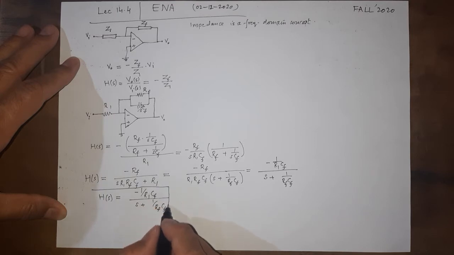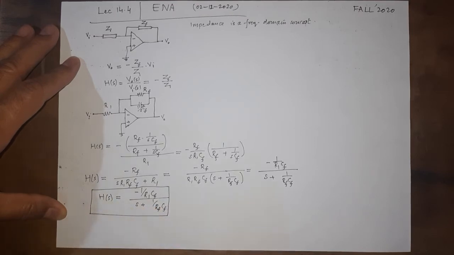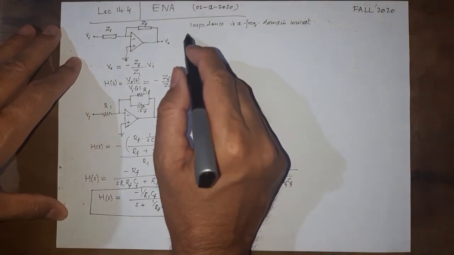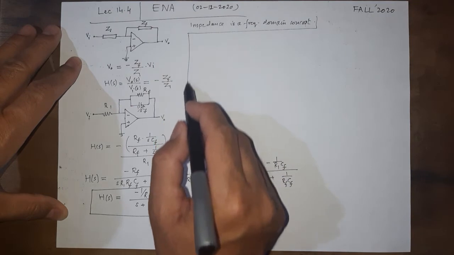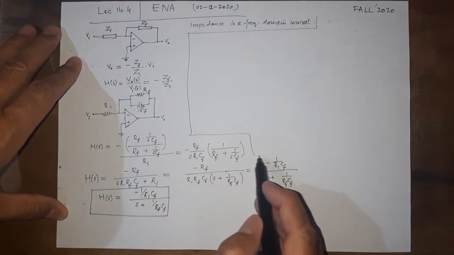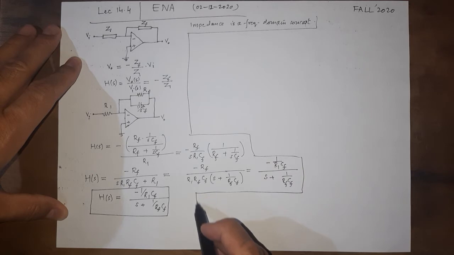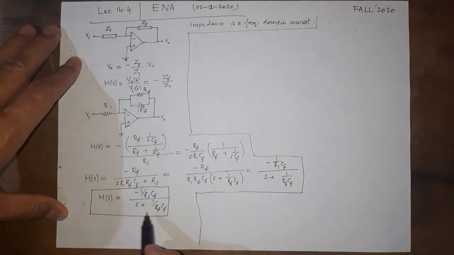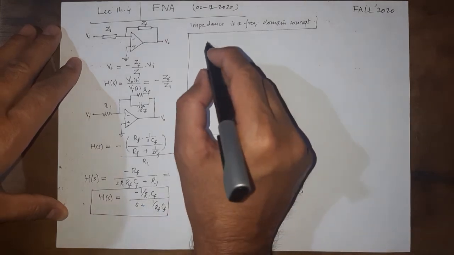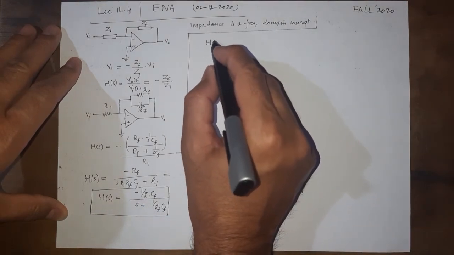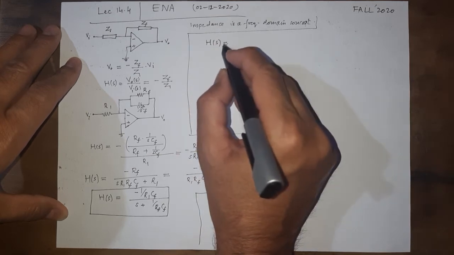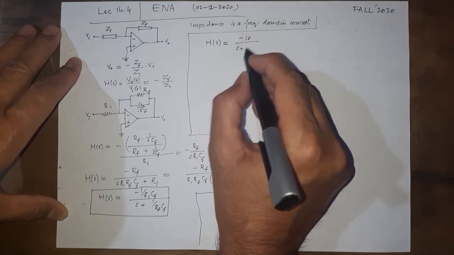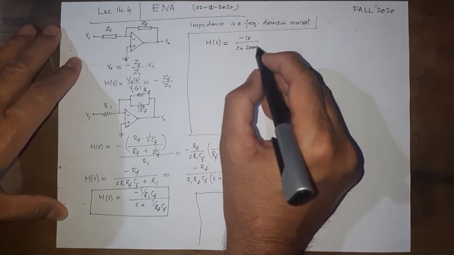Before I name that topic, let me first give a few examples and try to mention what we are trying to do, so that you can get an idea before understanding why it is important. So for this particular circuit, we know this is H of S. Now if somebody says, okay, I want a circuit with H of S equal to minus 10 over S plus 20,000, or say 2,000.